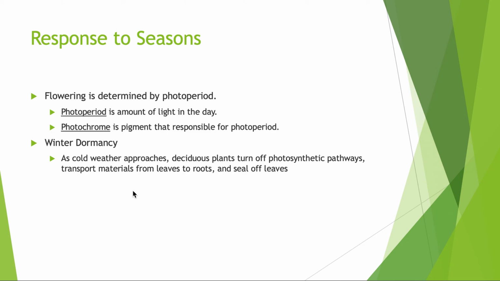But the main thing to understand here is they're going to take the nutrients and store them in the roots. So all the sugar produced by photosynthesis gets stored in the roots, so that the plant is still alive and is going to be able to bloom again once you go through this period.